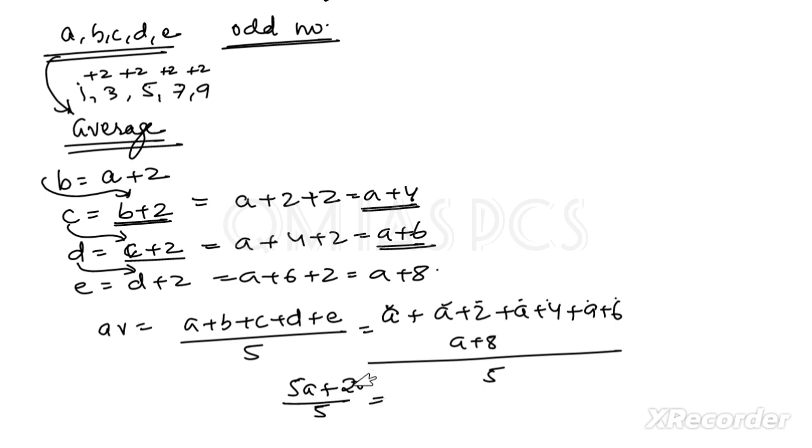Taking 5 common, it will be A plus 4 over 1, as the 5 cancels out. So A plus 4 is our average value. Clear?